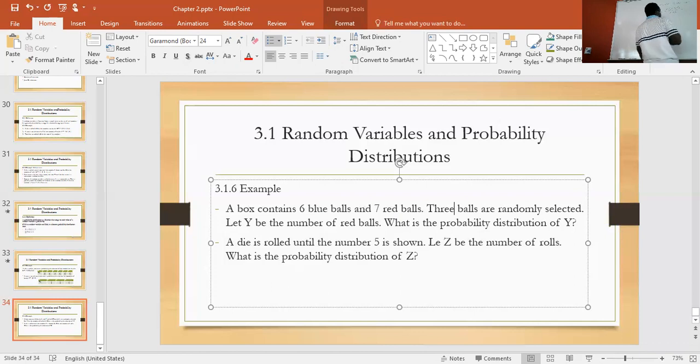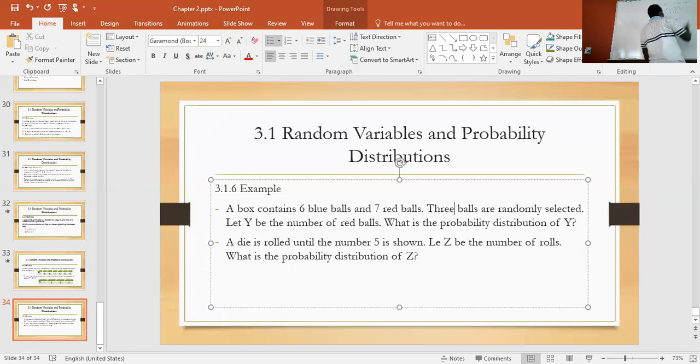So if no ball is red, then the 3 balls are what? If we select 3 balls and none is red, what does that mean? The 3 are what color? All 3 are blue. So there are 6 blue balls, 6 combination 3, divided by 13 combination 3. This is the general formula.